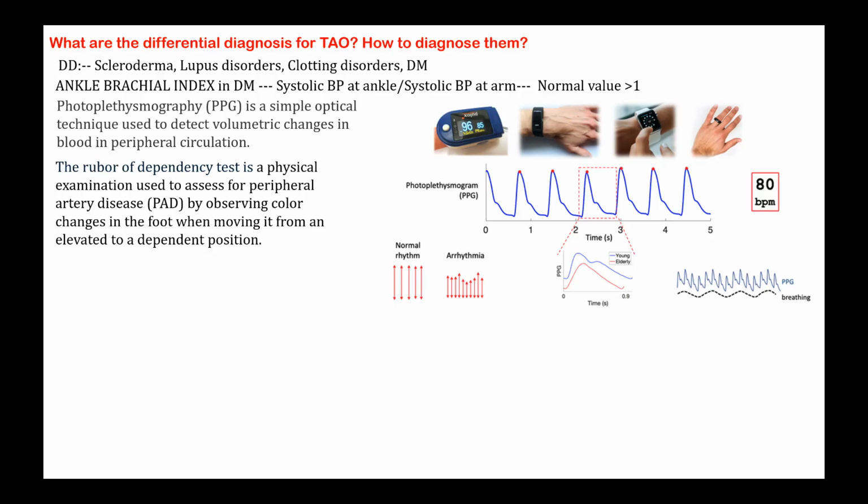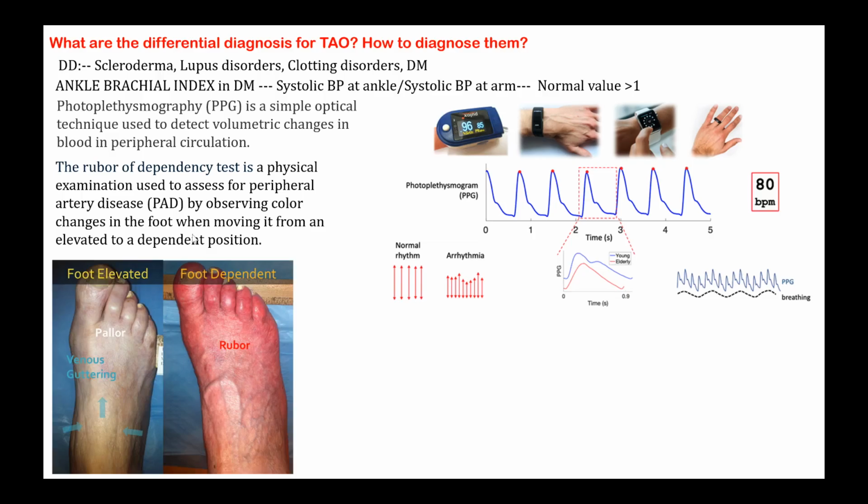And once you bring the foot below the table level and drag them down, suddenly excess flow will come and the whole limb will become engorged and flushed. So you can see this elevated foot becomes very pale, pallor happens, venous drainage has happened, so veins are all collapsed.